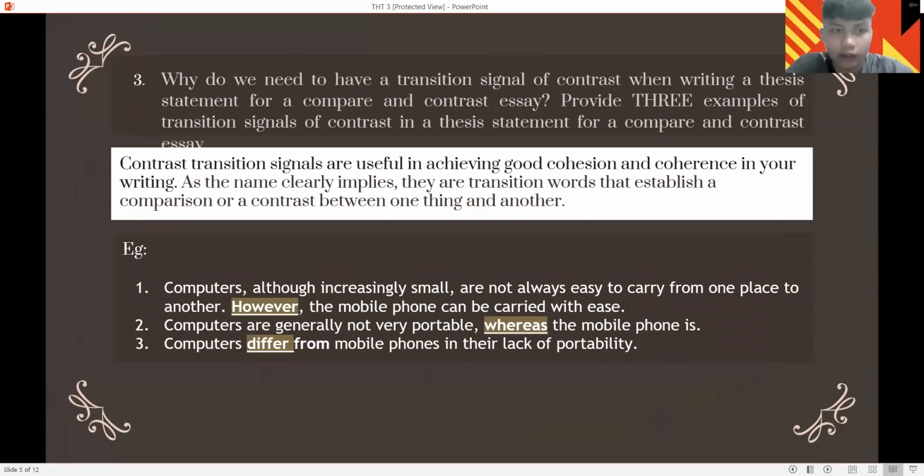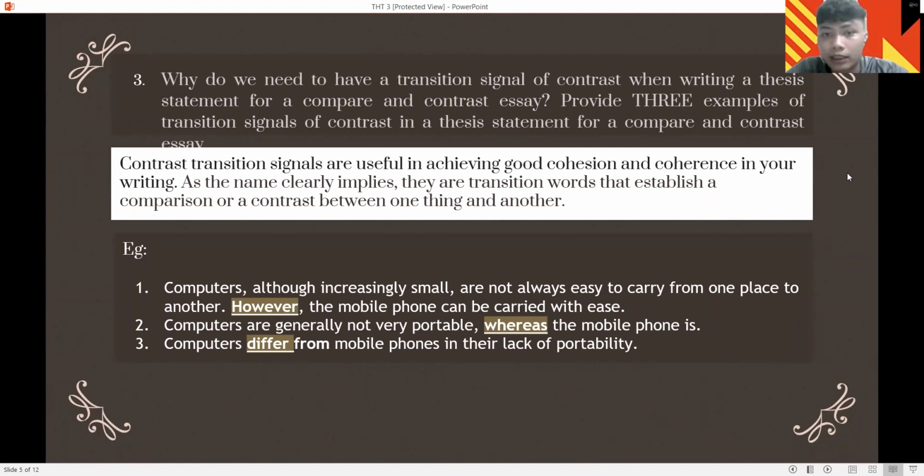So the third question is, why do we need to have a transition signal of contrast when writing a thesis statement for a compare and contrast essay? Provide 3 examples of transition signals of contrast in a thesis statement for a compare and contrast essay. So contrast transition signals are useful in achieving good cohesion and coherence in your writing.